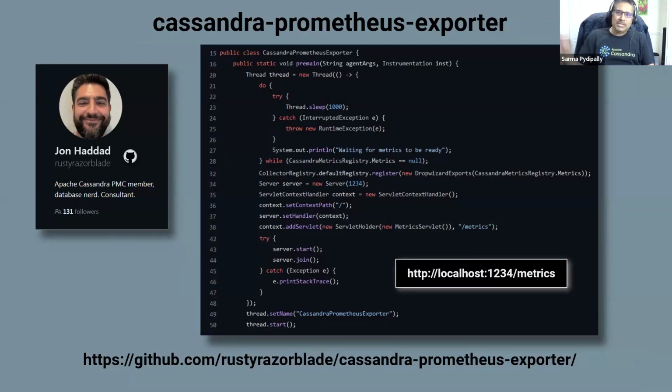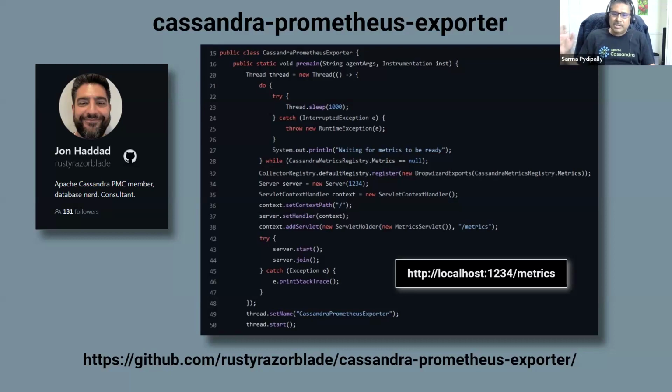What it does is basically registers itself to the Dropwizard metrics registry. And whenever you go to this endpoint, it is publishing all the metrics, and it will give you metrics in Prometheus format.